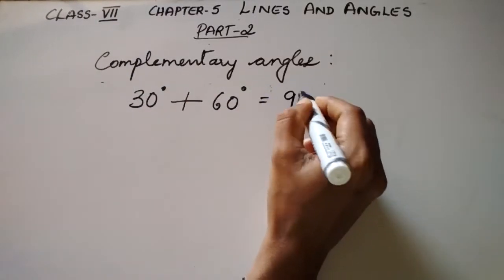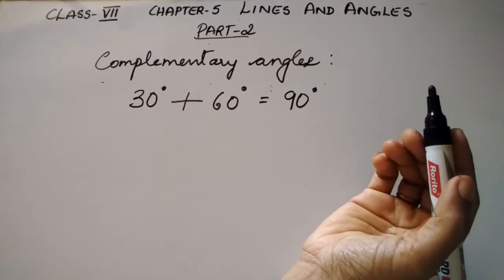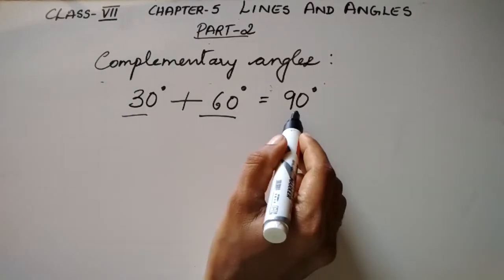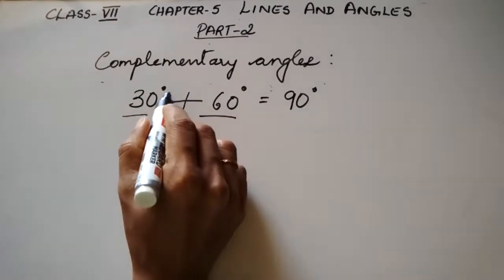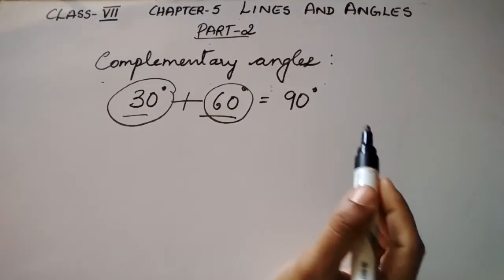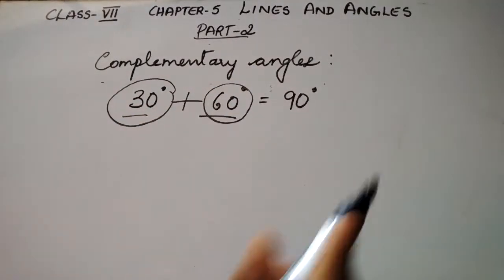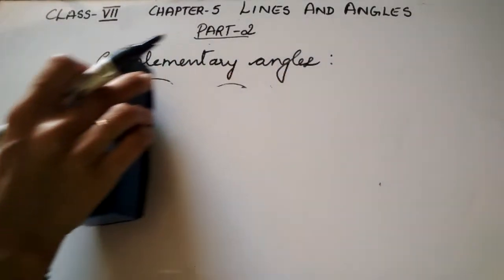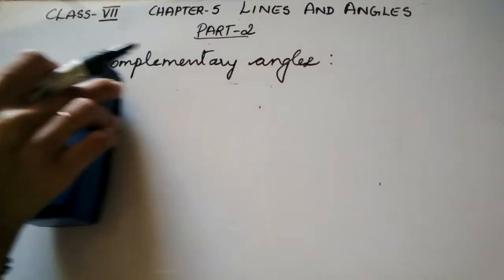Sum of this is 90 degree. So sum of measures of two angles is 90 degree. So these both are called as complementary angles. Is this clear, students? So the definition of complementary angles goes like this.